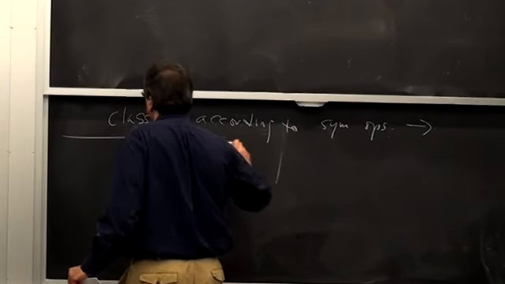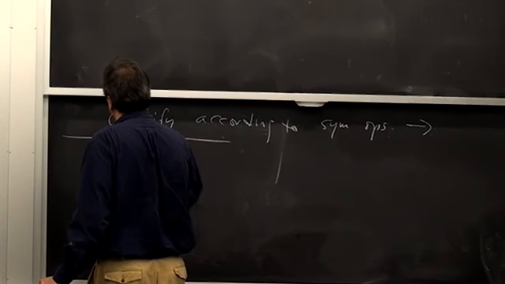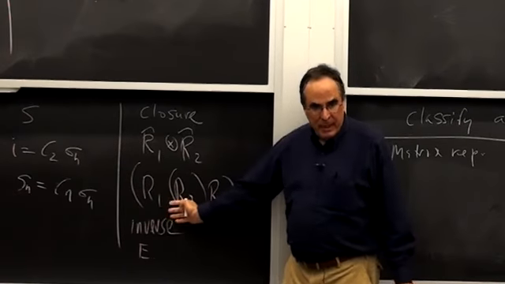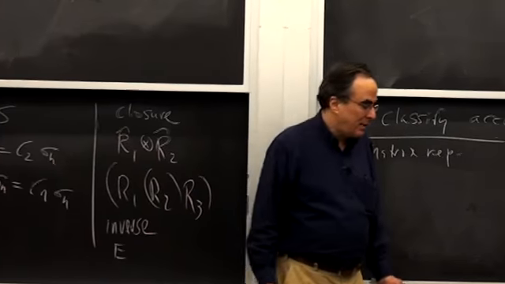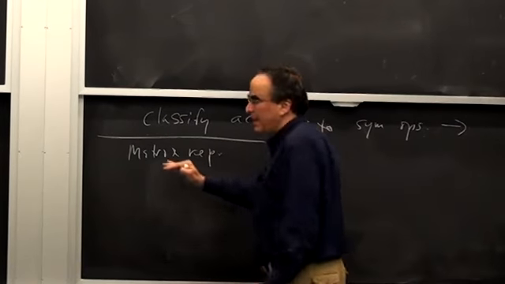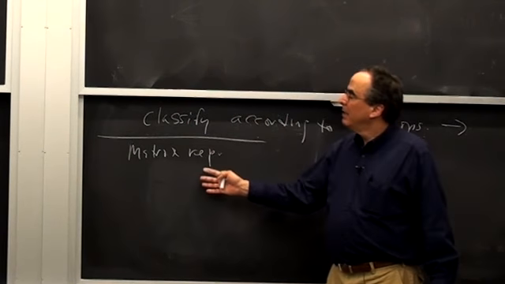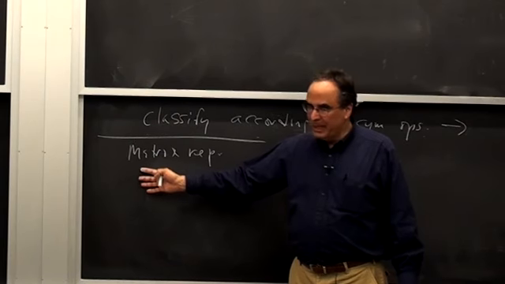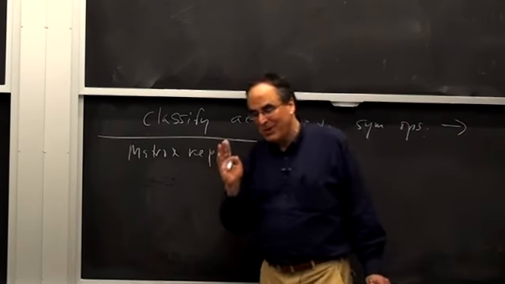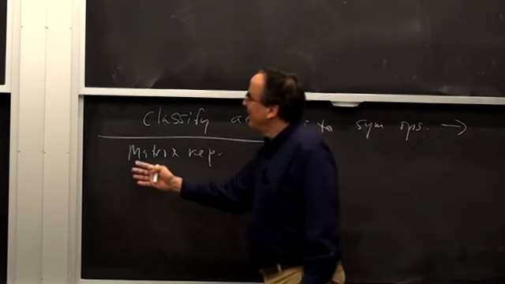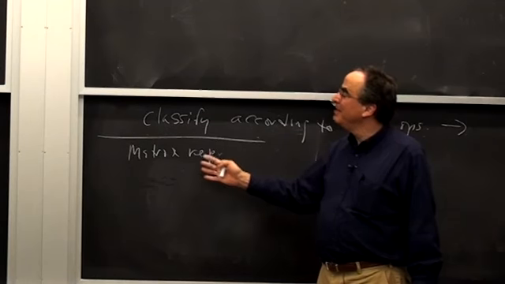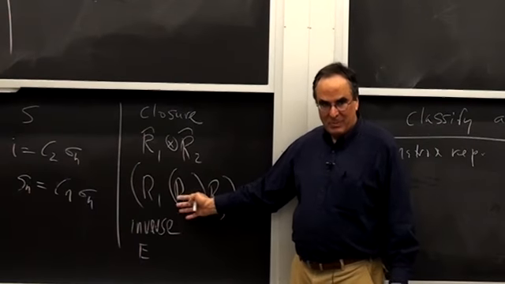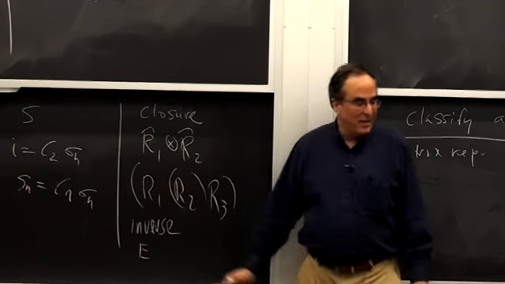So the next thing is matrix representations. So we have objects that have a multiplication table. And so we'd like to represent these objects by matrices which have the same multiplication table. Now, same is a complicated word because it means that there is nothing in the multiplication table of these matrices which would be untrue with respect to the multiplication table of the operators.